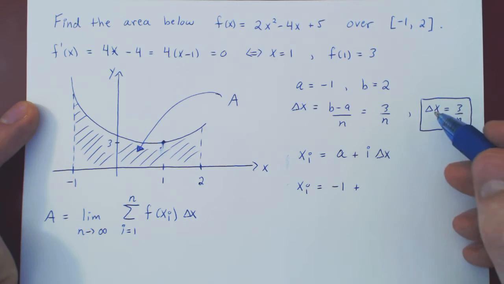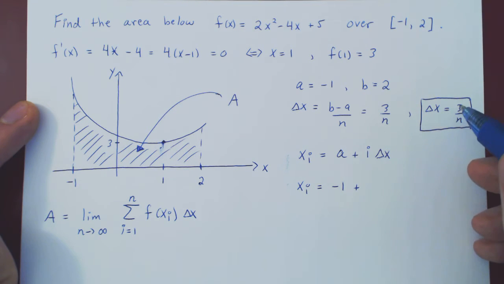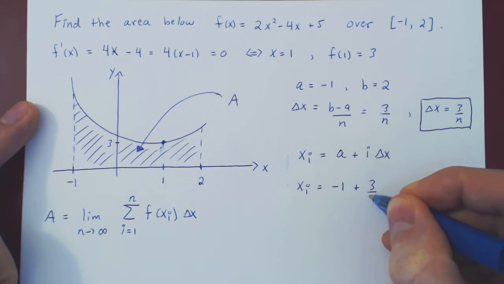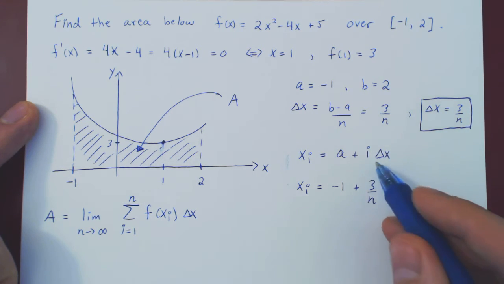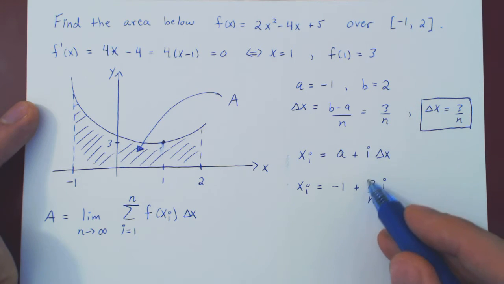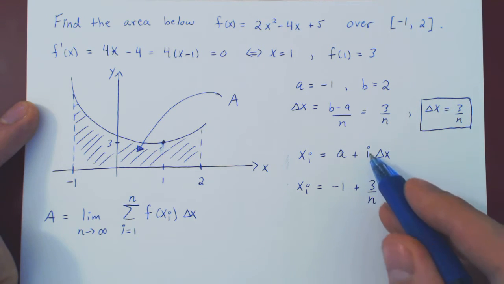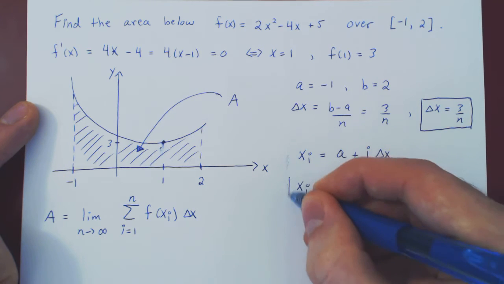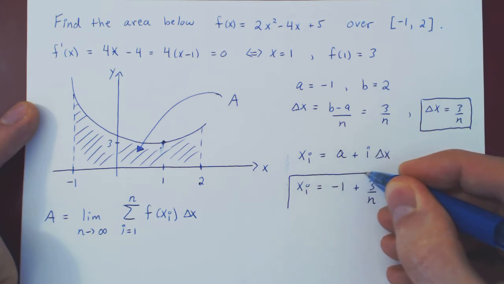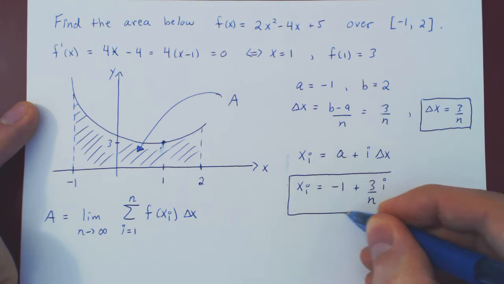So i delta x is i times 3 over n, or I'll write 3i over n. So now we have xi, the right-hand point of the ith rectangle.